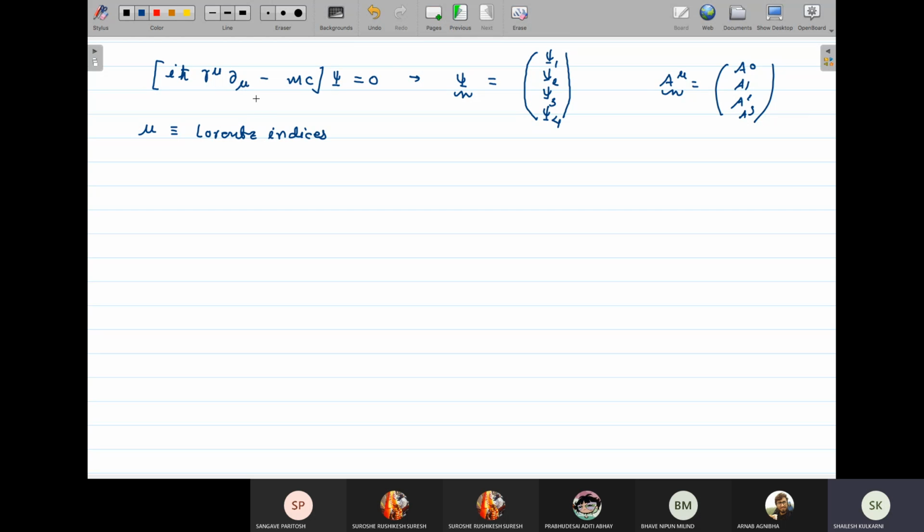Okay, so they take care of the transformation property under Lorentz transformation.